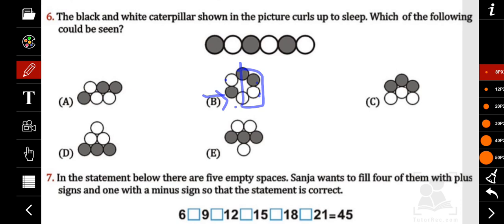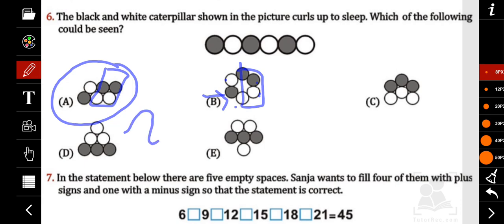So the only option we are left with is option A, but we can see in this pattern also two blacks and two whites are together, but in this case there is a possibility that the caterpillar might be accommodating like this, in this way. So that might be the option A. Okay, in the same pattern we proceed further.